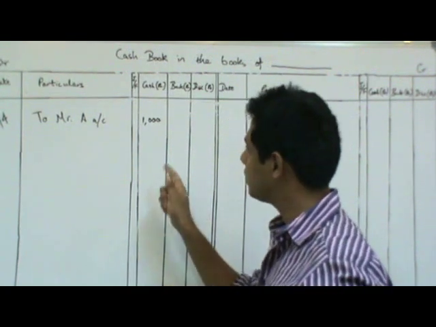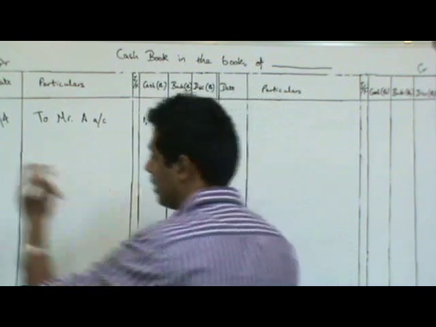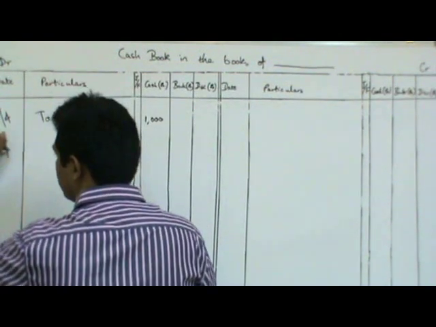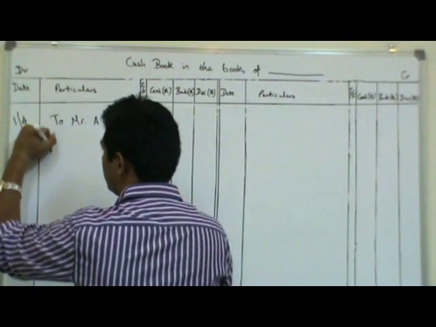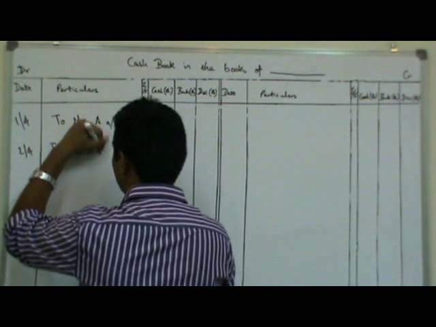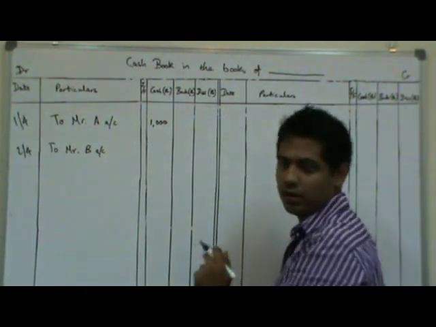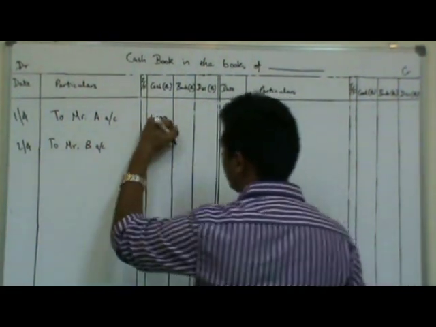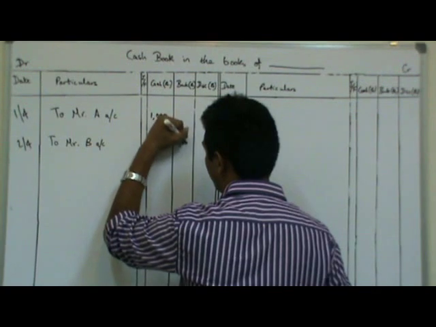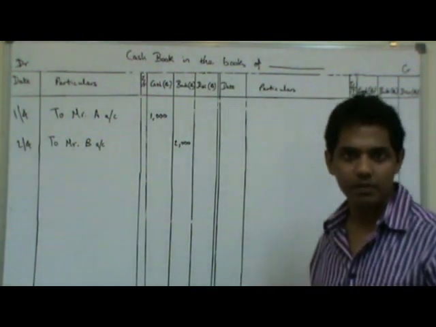Suppose the same receipt was made in the bank, say from Mr. B. The entry would have been, say, 2nd April to Mr. B account, and the amount would not appear here anymore, it would appear in the bank column. The same goes for payments.